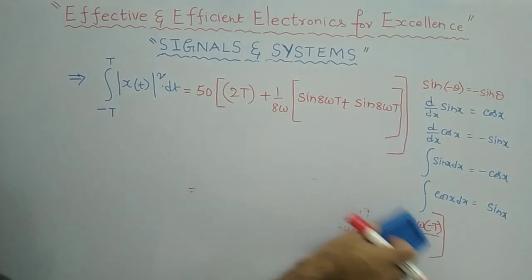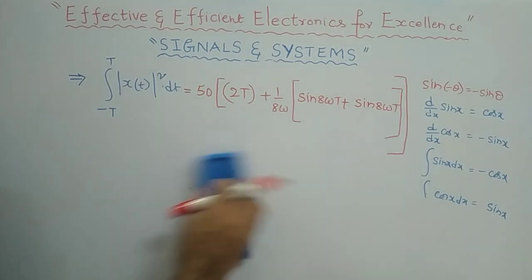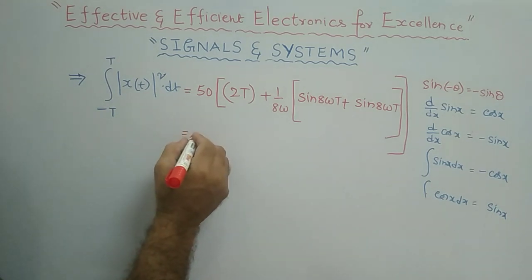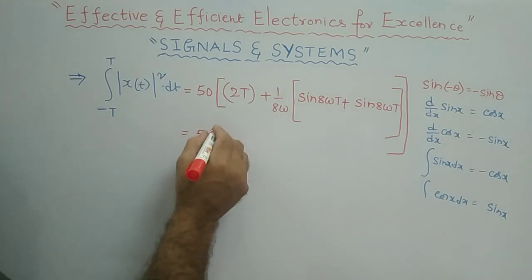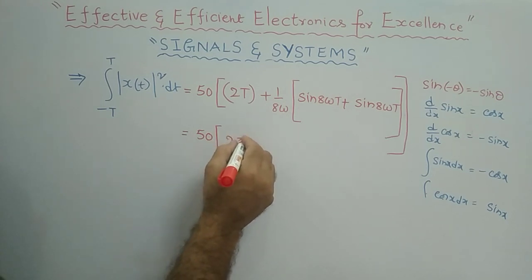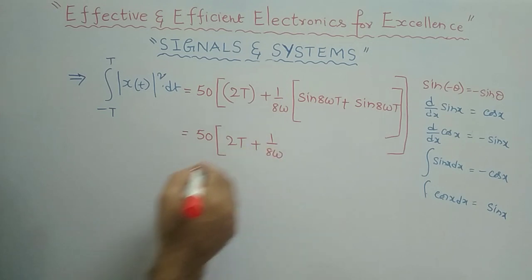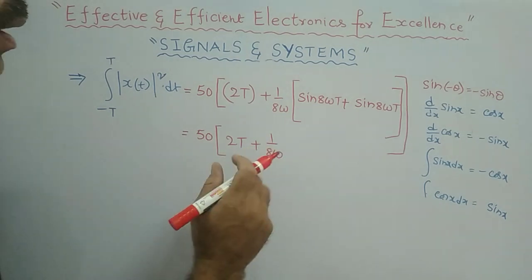Now this is the last step, what we are going to simplify. This is equal to 50 into 2t plus 1 by 8 omega, or otherwise.